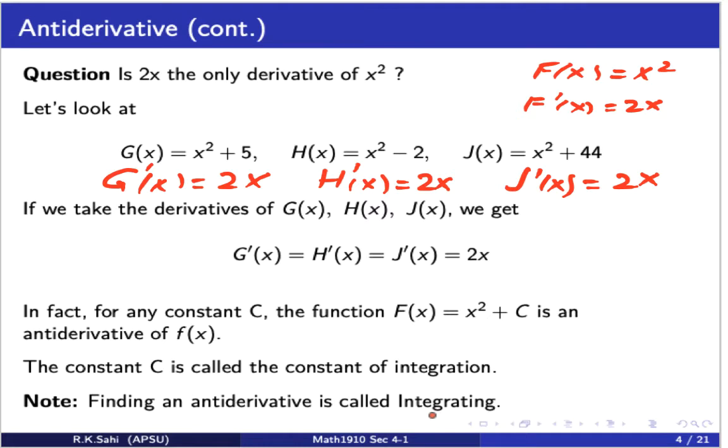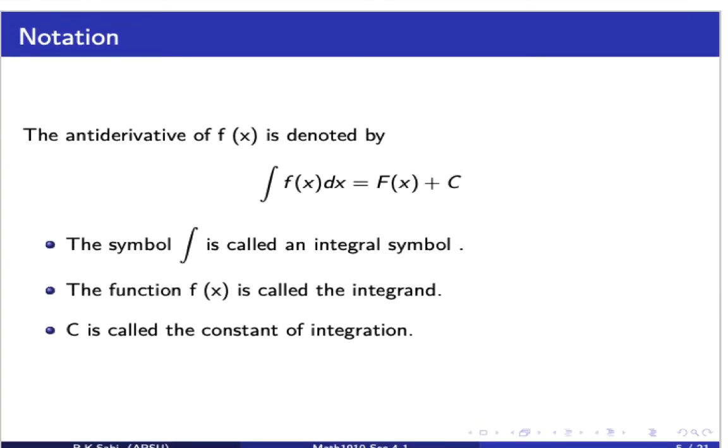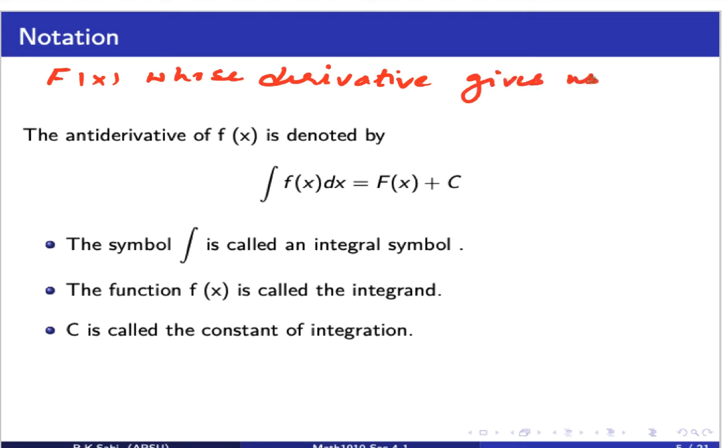Okay, let's look at some notations. Keep in mind, we just said we are looking at a capital F. Can we find this capital F whose derivative gives us f of x?